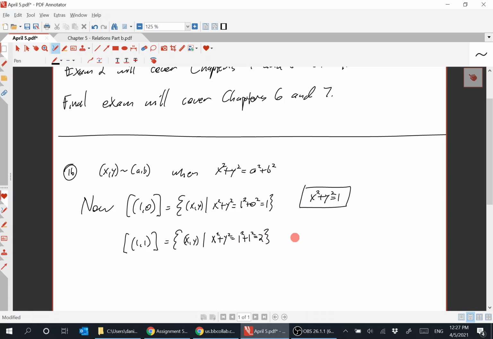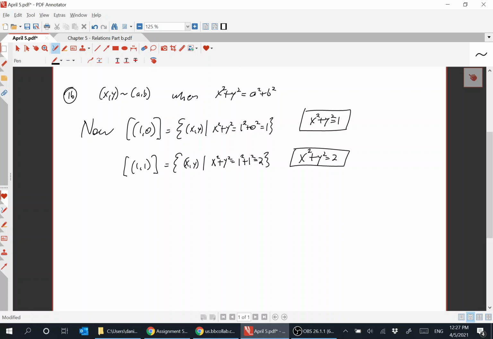All right, and x squared plus y squared equal to 2 is what? That's the circle of radius square root of 2. And what are the integer points on that circle?